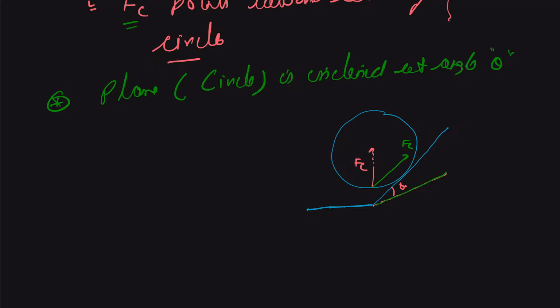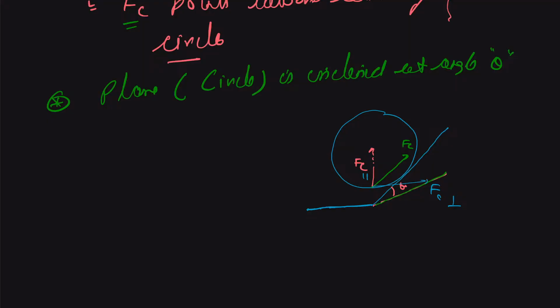So this is our centripetal force. And now we can divide the centripetal force into two components. One will be perpendicular and this will be our parallel component. Okay. So these are the two components of our centripetal force.